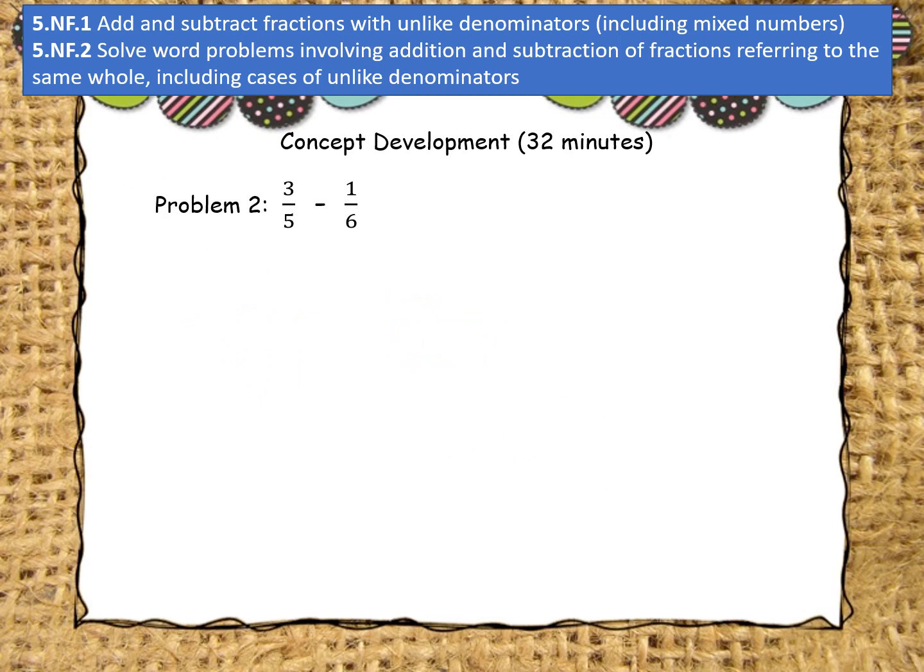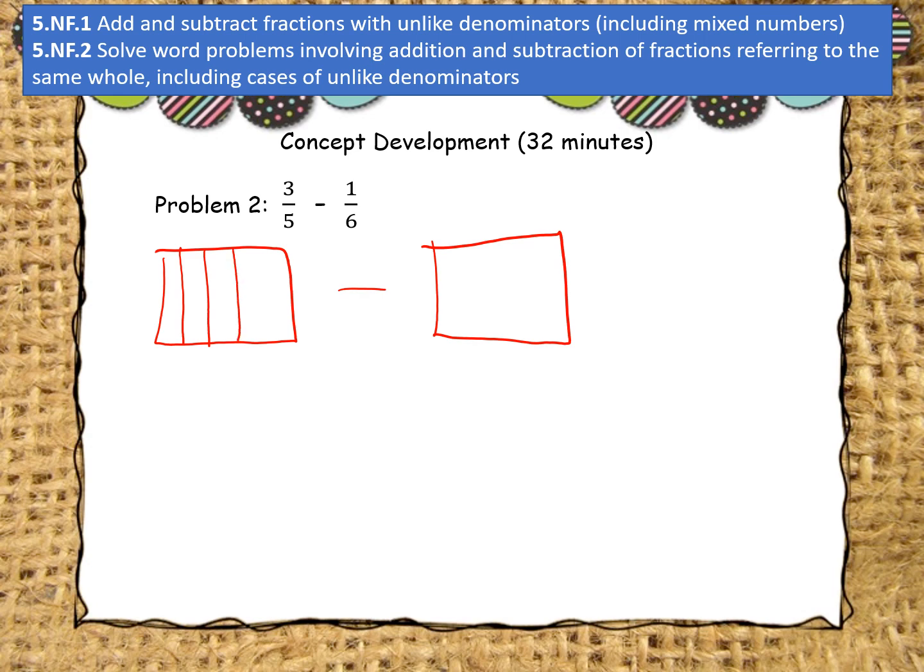All right, for problem number 2, I want to make sure that you get a chance to solve this, so I'm going to get you started, and then you're going to do the rest. So we need 3/5 minus 1/6. So in our model, we need to show 3/5. 1, 2, 3, 4, 5.